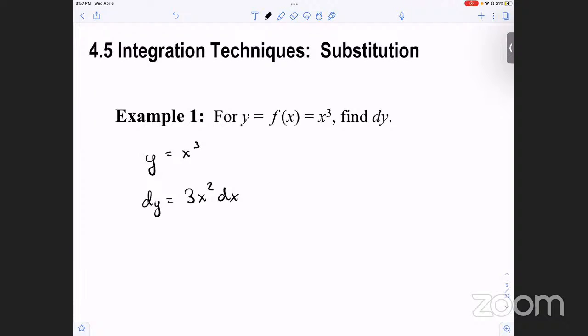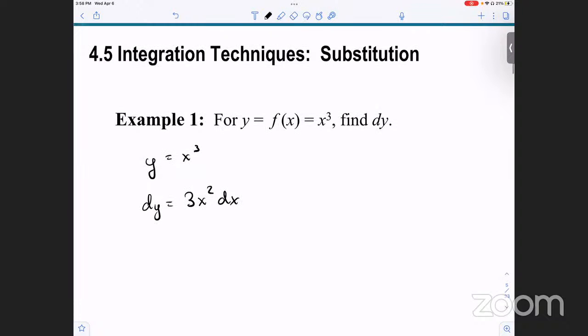I'm trying to think of the name of that technique. Before, when we were trying to find dy by dx, instead of moving the dx over, we're going to leave it like this. I think this is what they're looking for.